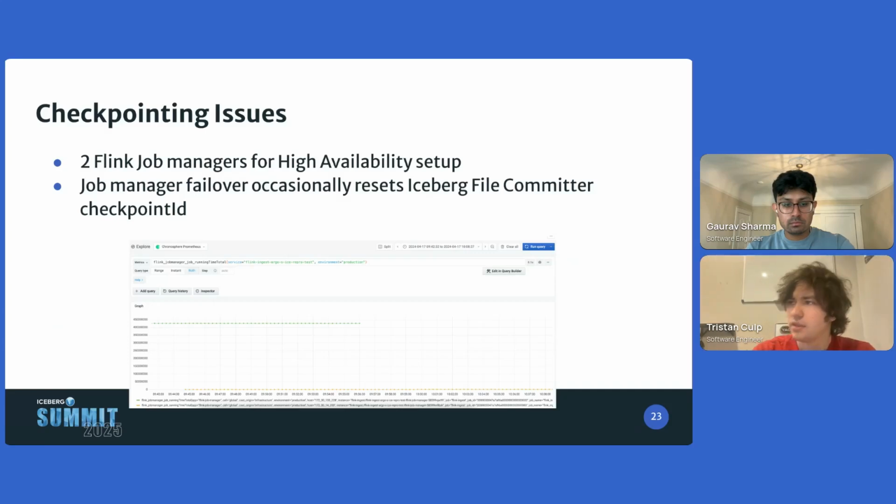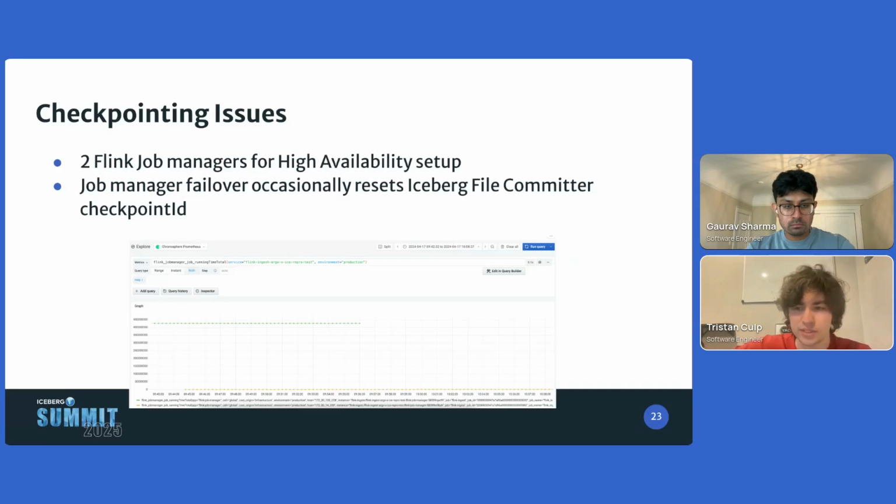So let's say, for example, we were 1,000 checkpoints in. When the new job manager restarts, it will go back to checkpoint 1 for this Iceberg file committer.